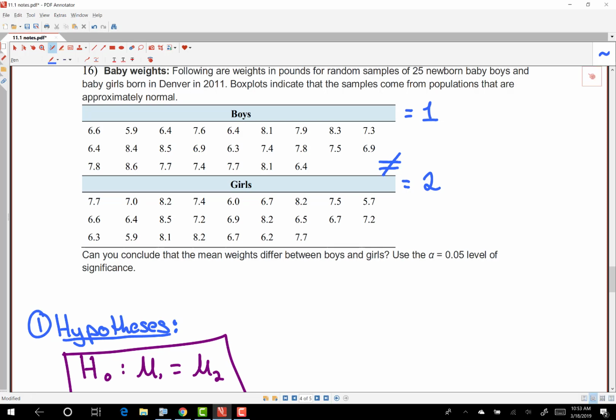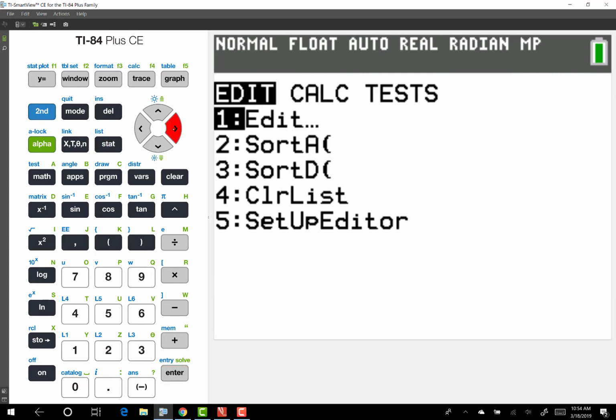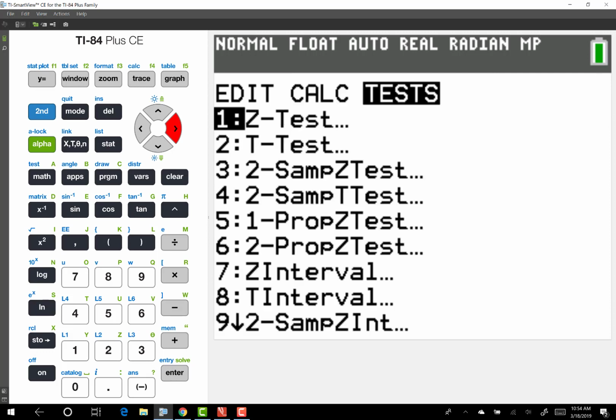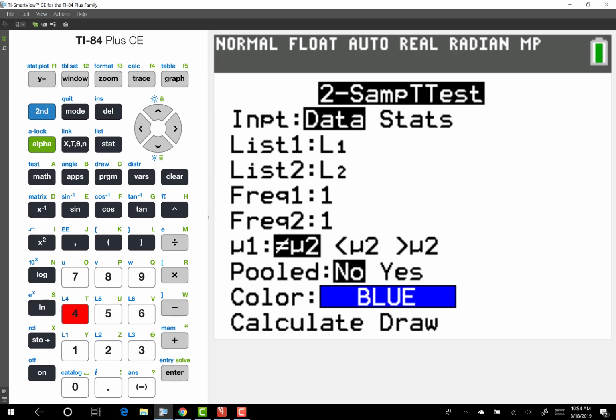Okay, so once you have your data entered, which I do here, we're going to go to Stat, over to Tests, and select number 4. So the only thing that you should have to change is change it to not equal, which I already did, because we're doing a two-tailed test.